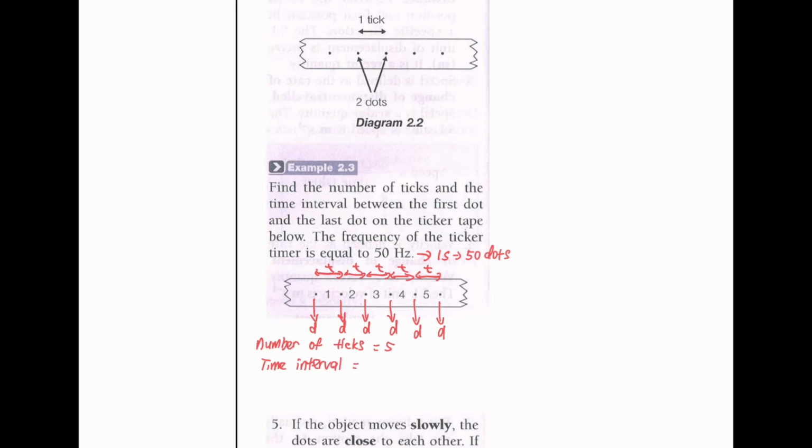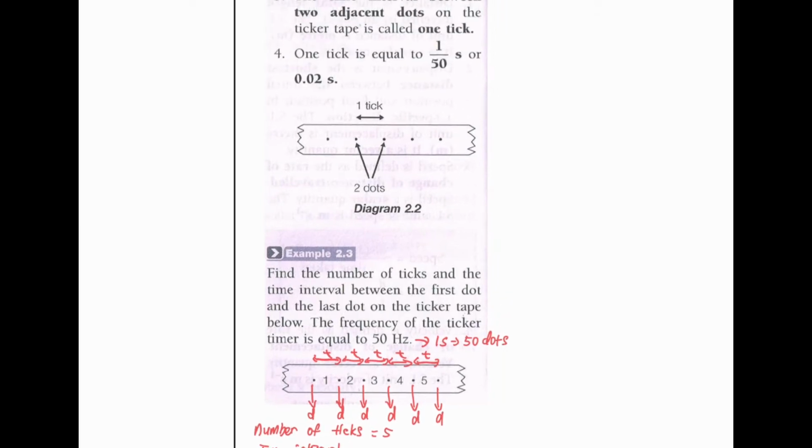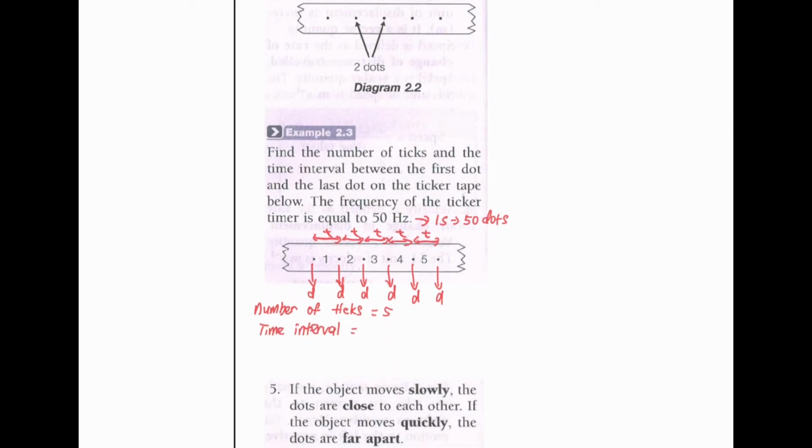Okay, so we know that each tick is 0.02 second. So now you have 5 ticks, so the time is 5 times 0.02, which is 0.1 second. Okay, so this is the time span to make so many dots. Okay, now let's move on.